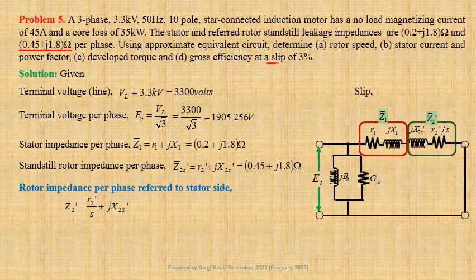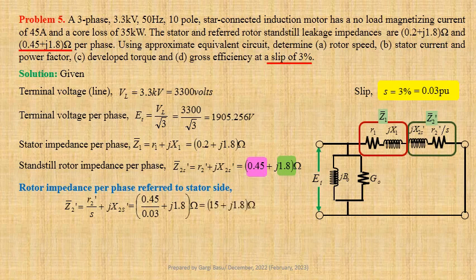Given slip S equals 3%, that is equal to 0.03 per unit. Therefore, Z2 dash equals 0.45 by 0.03 plus j1.8 ohm. That gives us 15 plus j1.8 ohm.